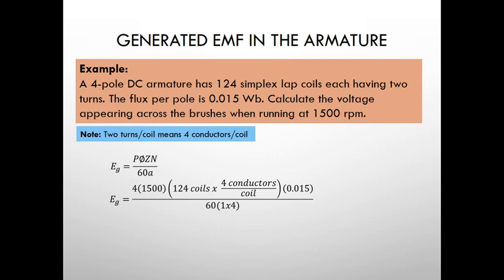Kay lap man siya, supposedly A is mP, simplex factor times the number of poles. Since it is stated in the problem that it is simplex lap winding, simplex meaning 1, so 1 times 4. Okay? So solving out, we have a generated EMF of 186 volts.